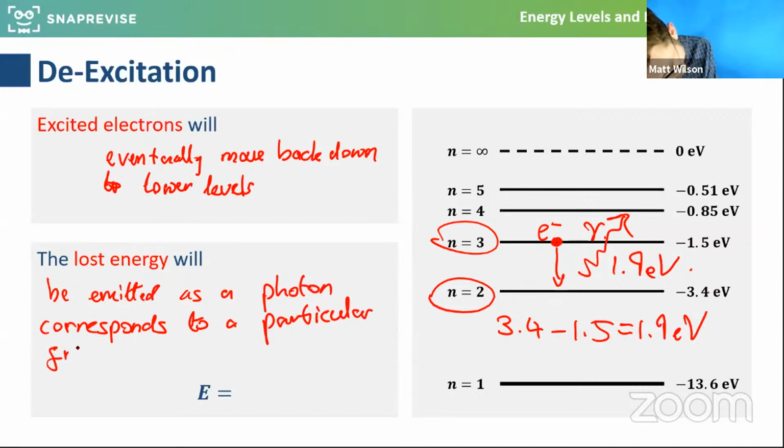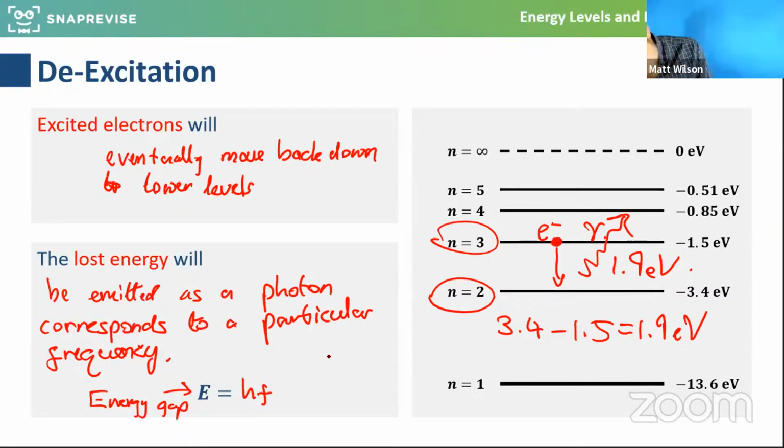That's a particular frequency in the electromagnetic spectrum because it is a photon, a particle of light. And the frequency is given by the equation E equals hf, where this E here is the energy gap.